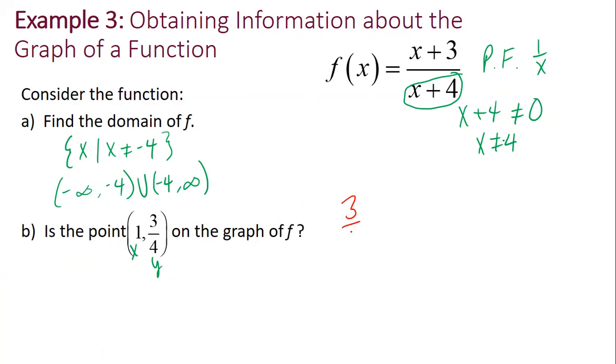So if we have 3, 4 equal to 1 plus 3 over 1 plus 4, let's see if this is true. I have 3 over 4. I have 4 over 5. Is this a true statement? No, it is false. So is this a point on the graph? No. It's just verifying. It's just a verification.